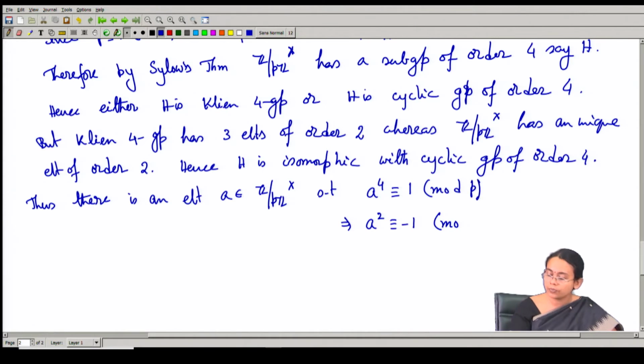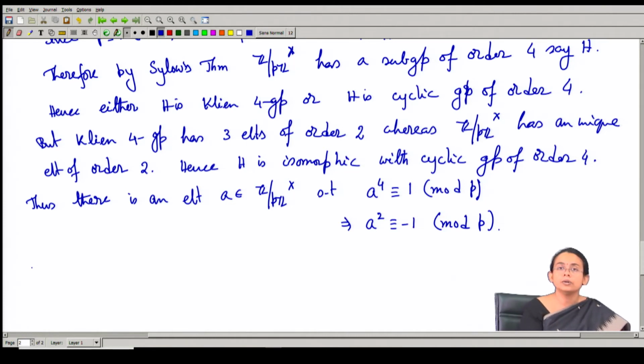So, this is mod p. Therefore, we can see that a is a solution of the equation x square congruent to minus 1 mod p. So the element of order 4 is the candidate which is the solution of this equation. So, this completes the proof of 4 implies 3.